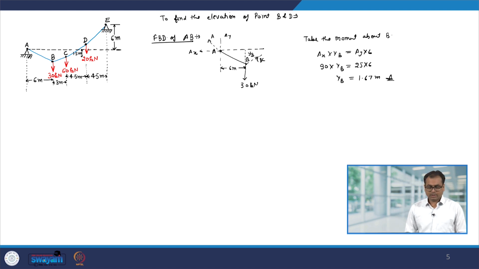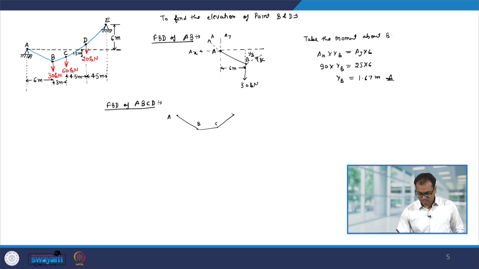Now, let us find out the elevation of point D. For that, let us consider the free body diagram of A, B, C, D. So, this is point A, we have point B, point C, point D, and then you have point E. At point A the force will be along the cable.